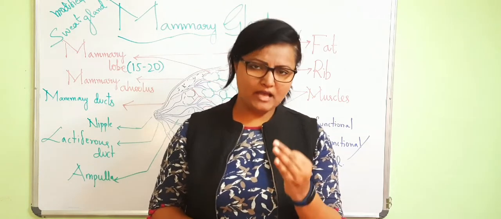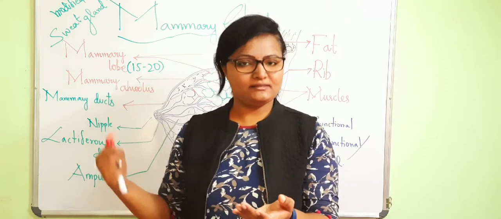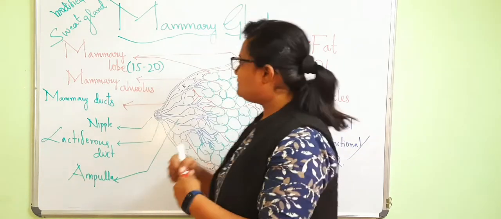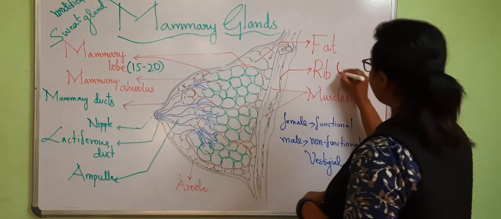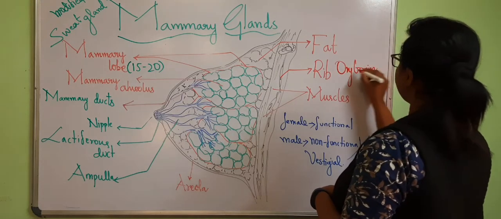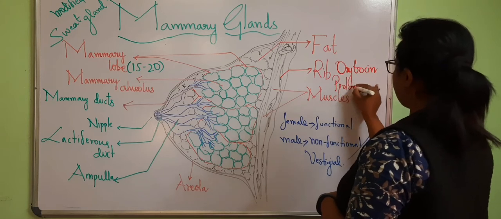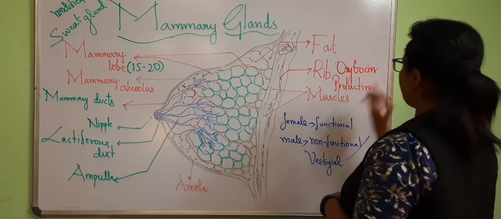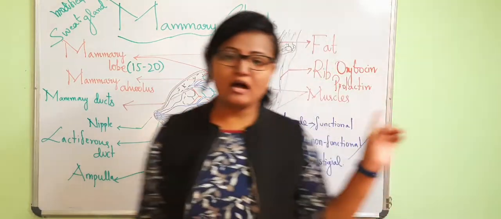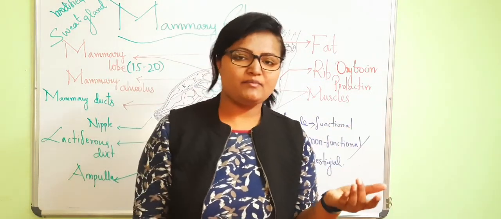There are 2 important hormones which help to secrete milk in the mammary glands: oxytocin and prolactin.